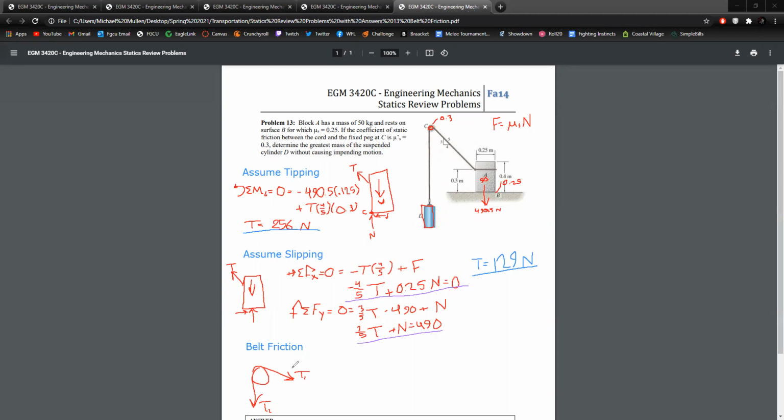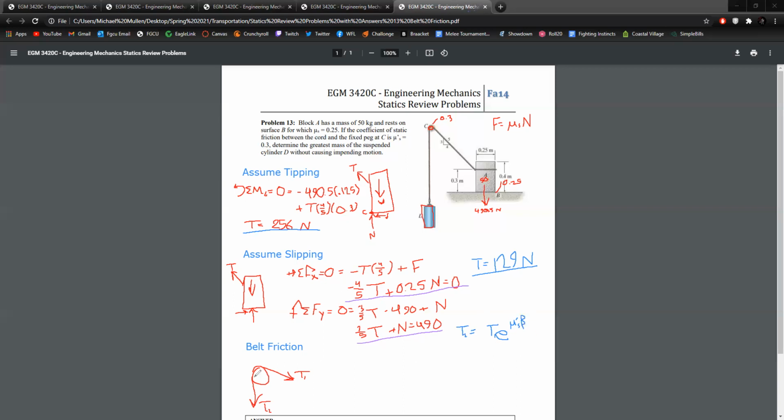So what we need to know is T2. We already know T1, and the formula that we're going to need for this is that T2 is equal to T1 times e to the power of mu sub S for the peg times beta.